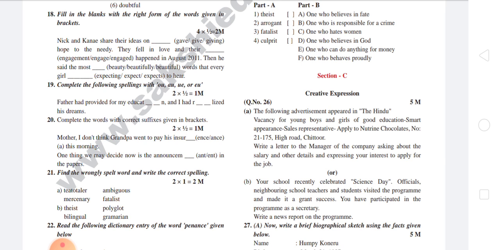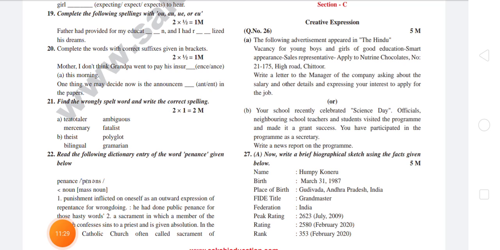In the 26th question, A is letter writing, or option B, you have one more option, news report. So you can write letter writing or news report, whichever you would like. If you write it 100%, you will definitely get 5 marks.